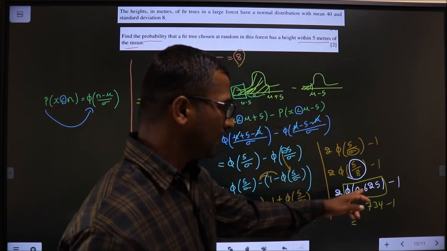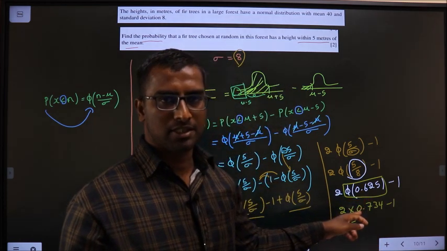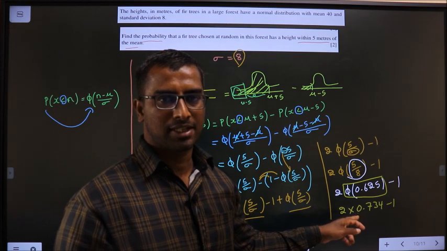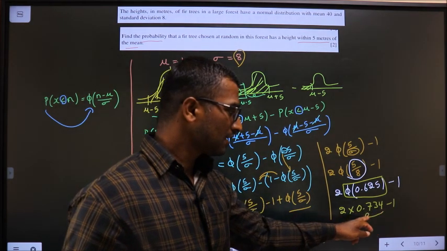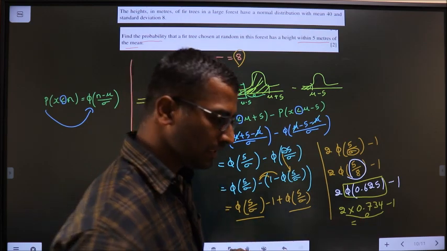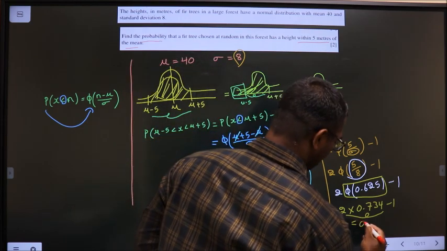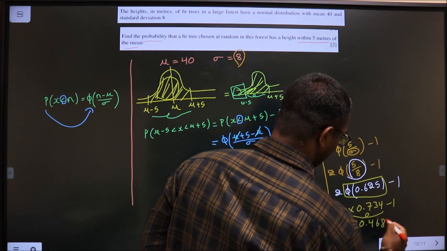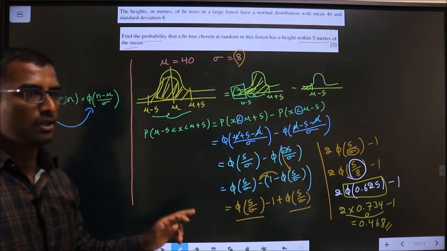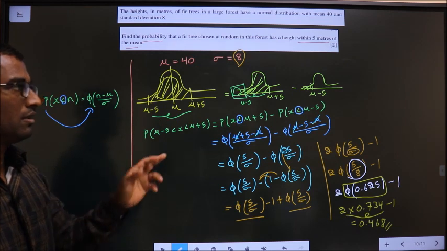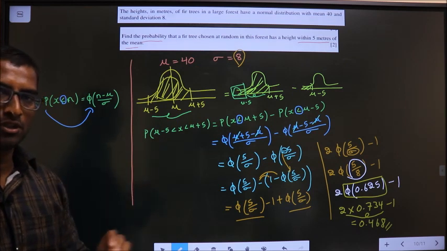See, if any doubts in using the normal distribution table, look at the playlist given in the description. Okay. So put this in the calculator. You should get the answer to be 0.468. Clear? This is how we do within sums. Within or between, both are the same.